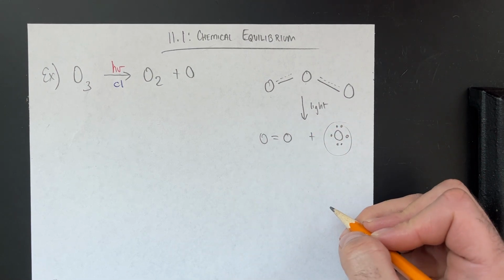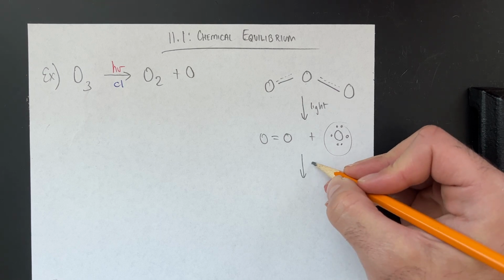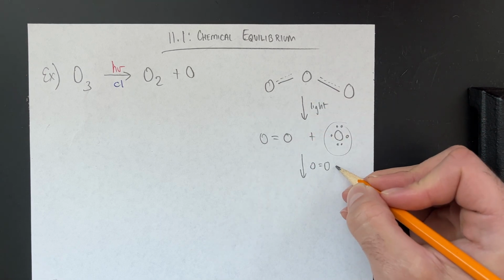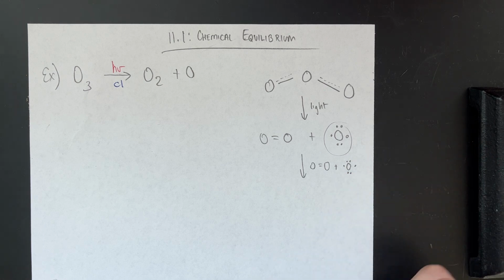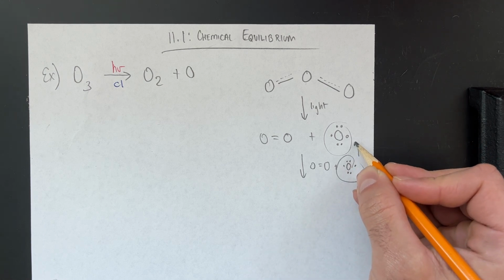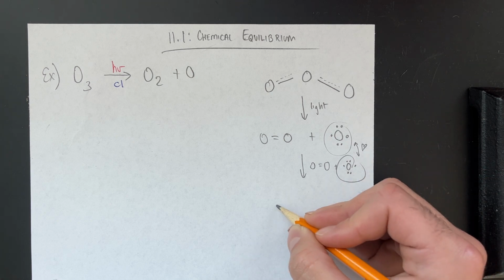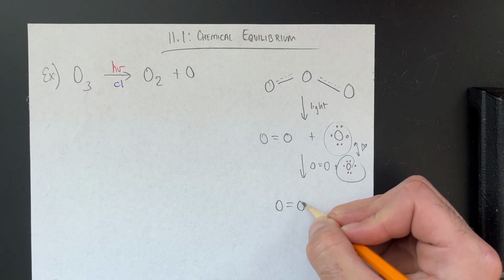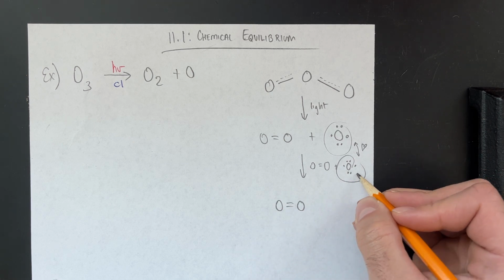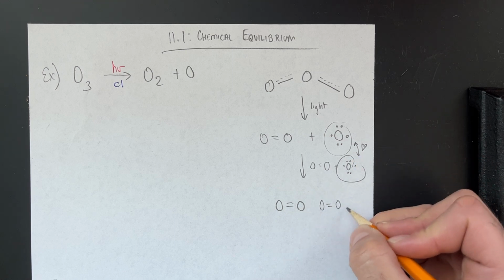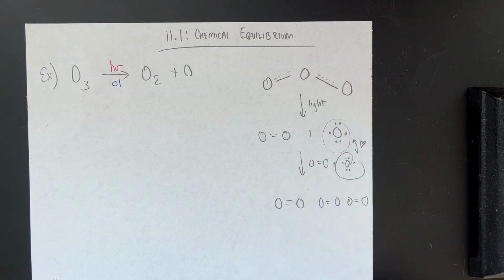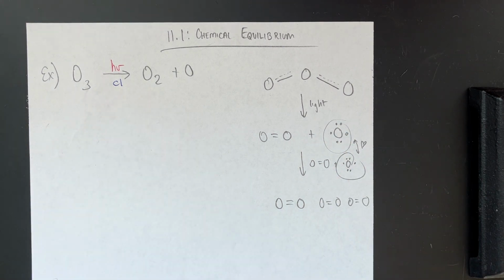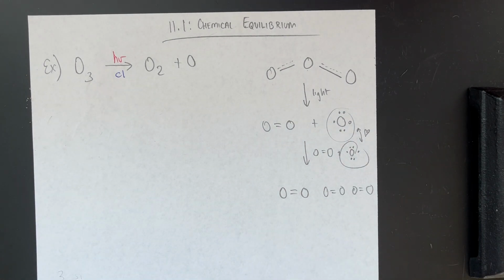And so once this happens twice, you get 2 of these, and then these are going to come together and form another oxygen. So we're actually going to have 3 oxygens all together, because 1, 2, 3. This is how this reaction mechanism goes.